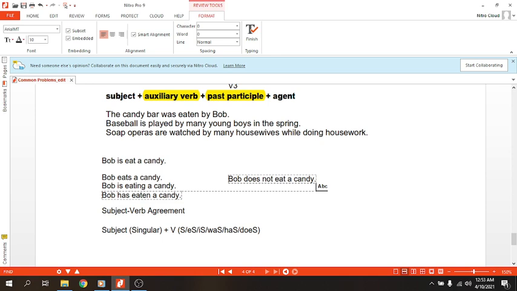So I hope after this, when I check your sentences later, I will not give this kind of comments in your writing. Jadi saya tidak perlu tulis lagi subject-verb agreement, parallelism, atau passive voice.